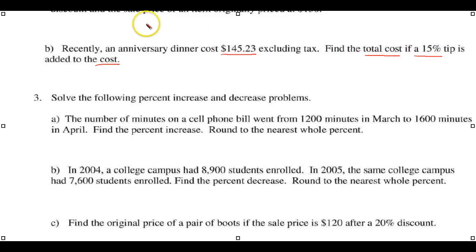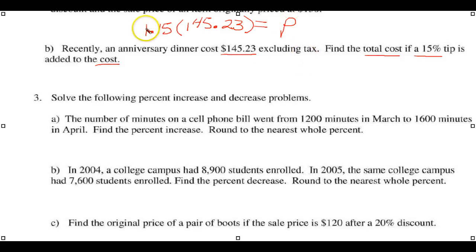So if we say 100, 15%, I've just added the percentages together, the whole meal, which is the 100%, and then the 15% of this, times this, that will be the final price, or what you pay at the register, excluding the tax.